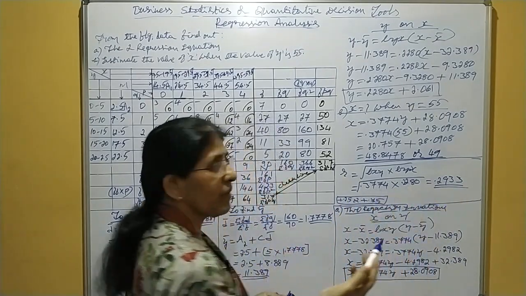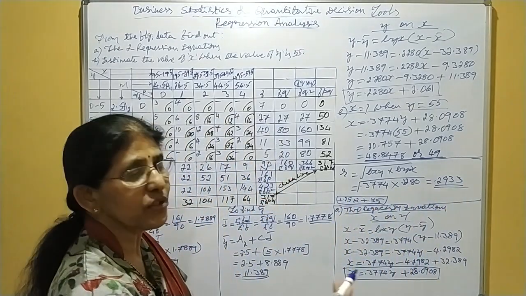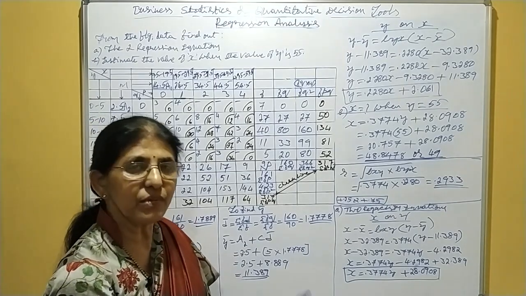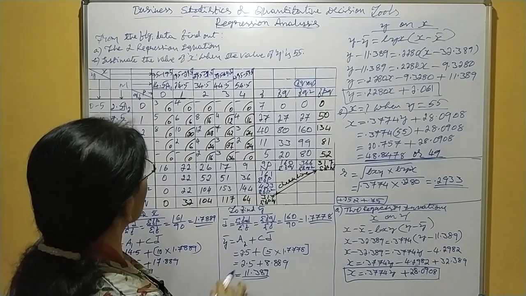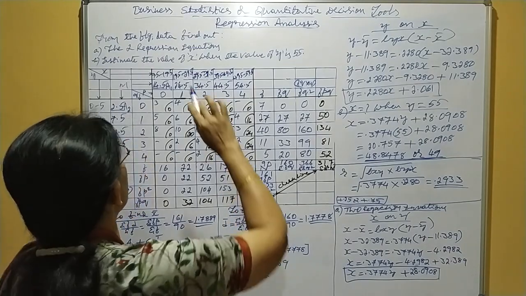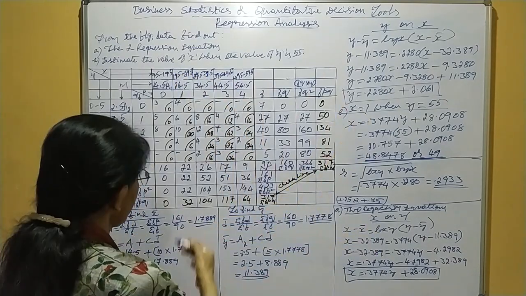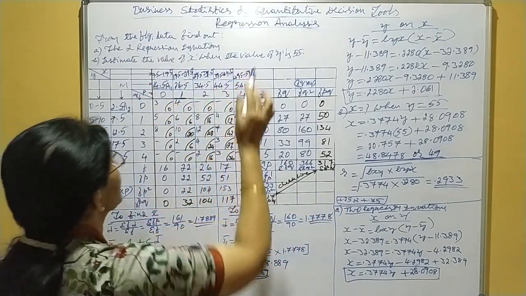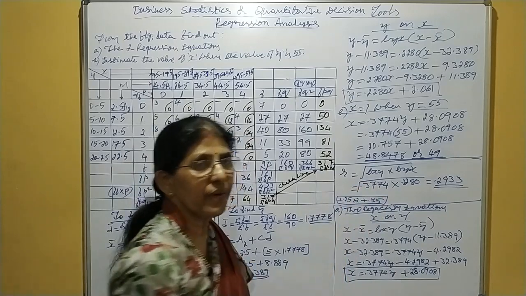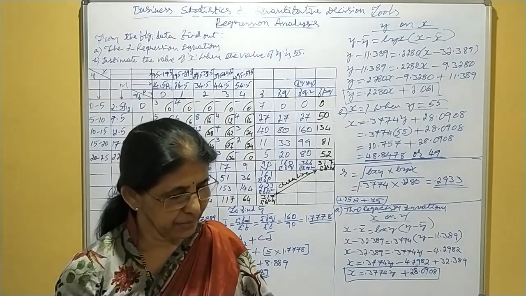When both bxy and byx are negative, the correlation coefficient is also negative. There you should be careful. Okay, this is how you have to calculate x bar, y bar, regression coefficients, regression equations, estimation of values and calculating R on the basis of the regression coefficients.